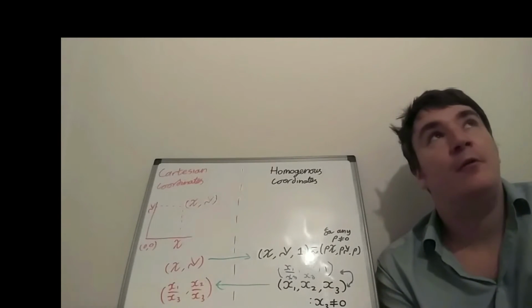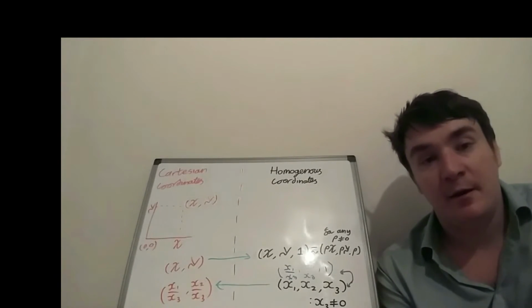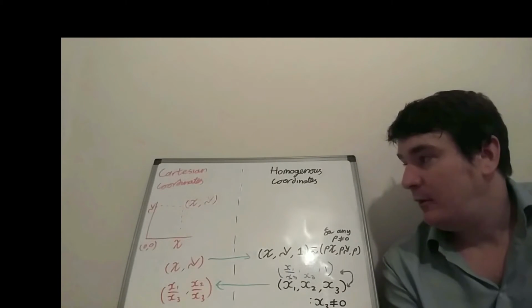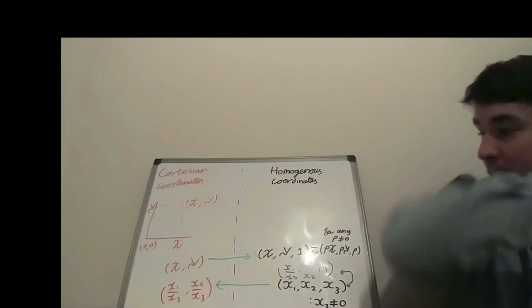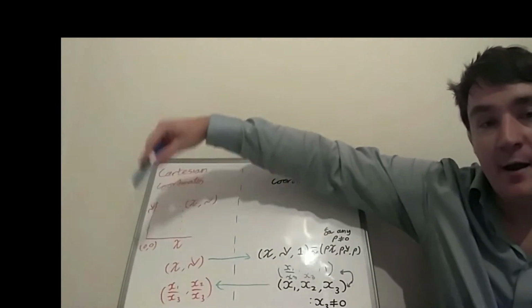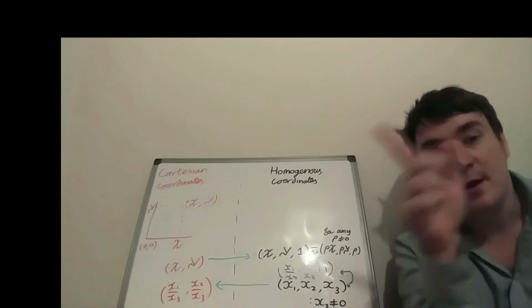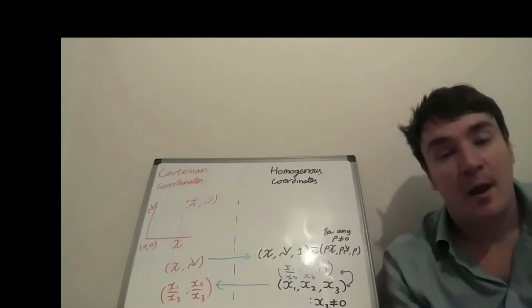However, it turns out that such points can still be interpreted geometrically. They are points which are on the line at infinity, which we can think of in some sense as surrounding the standard Euclidean plane.